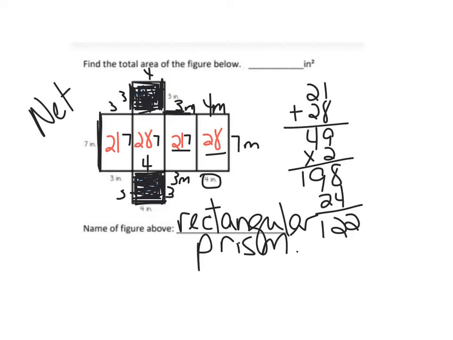If you have triangles as the base, then it's going to be a triangular prism. So the name of the shape is the shape of the base. Does that make sense? So if it's a rectangular prism, then the bases are going to be rectangles. So remember that. So let's go ahead and put 122 square inches, and that will be my answer.